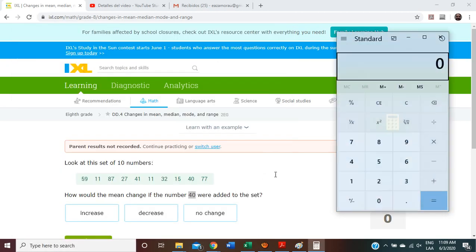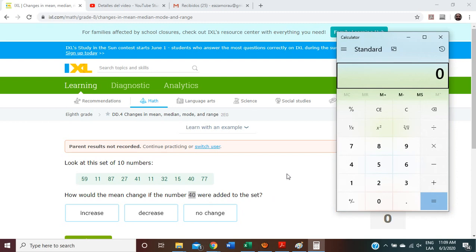Okay, now it is open and we have to get the mean. We need to add all these numbers: 59 plus 11 plus 87 plus 27 plus 41 plus 11 plus 32 plus 15 plus 40 plus 77, okay, equals 400.